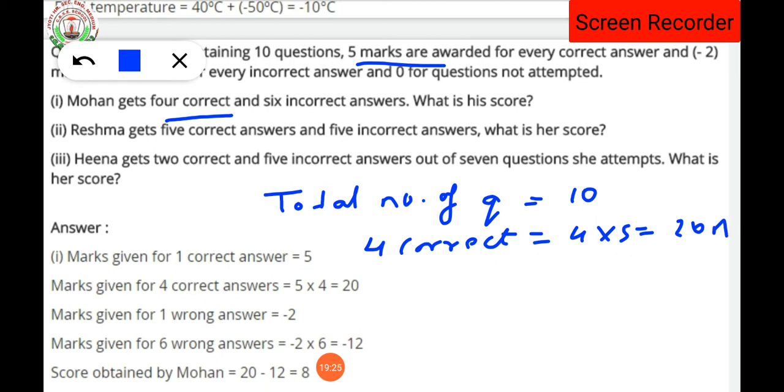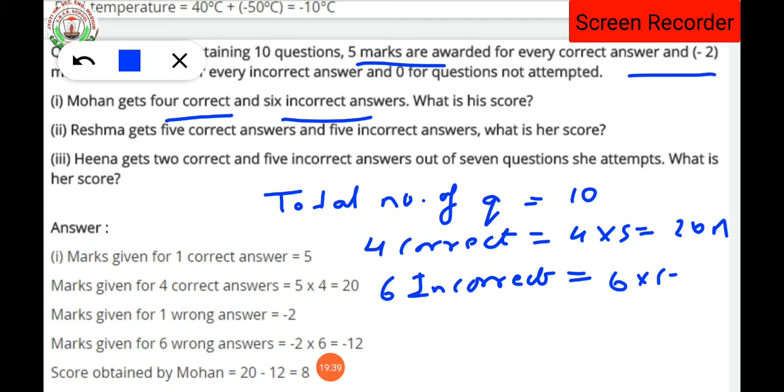Then 6 incorrect answers, that means negative marking will be there, and for every question how much negative marking is there? -2. So 6 into -2 will be -12 marks, the negative marking.